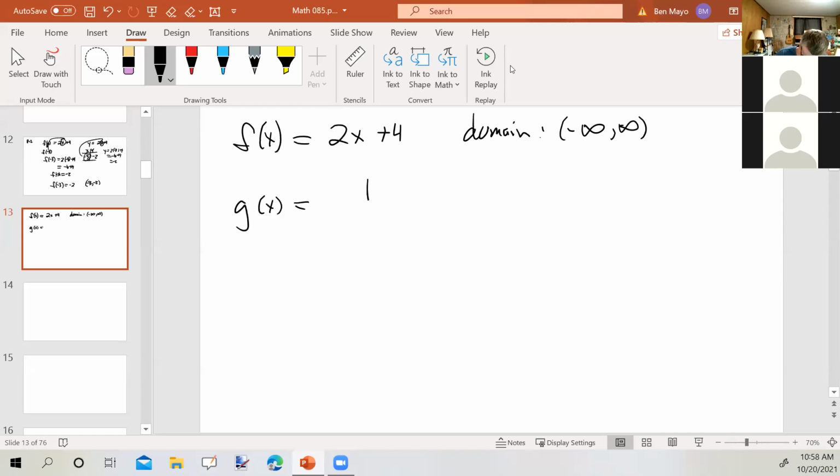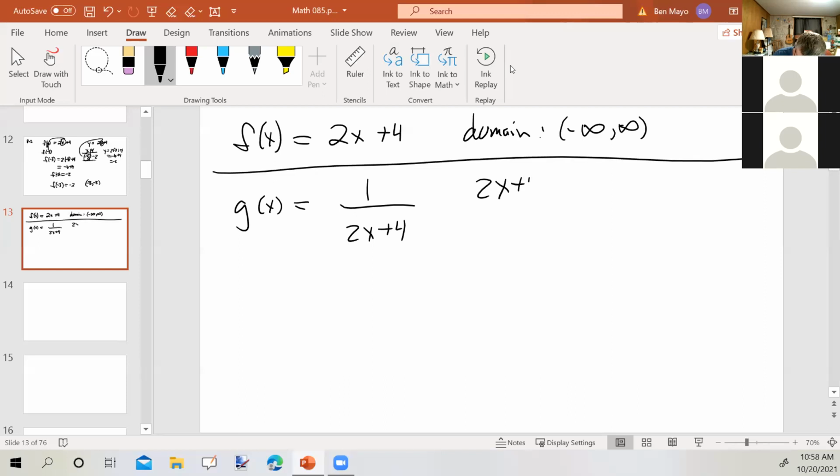However, let's say we've got this situation. Now, the denominator could be 0, so we could have it undefined, so there are going to be some restrictions. So let's take the denominator and find out when it would equal 0. When x is -2, okay?